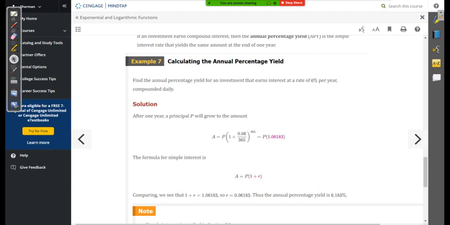So we have A is equal to P times 1 plus r, 1 plus the rate. If my rate is 6%, then we would have 1 plus 0.06183, which is simply the same thing as what we saw in our long formula there.